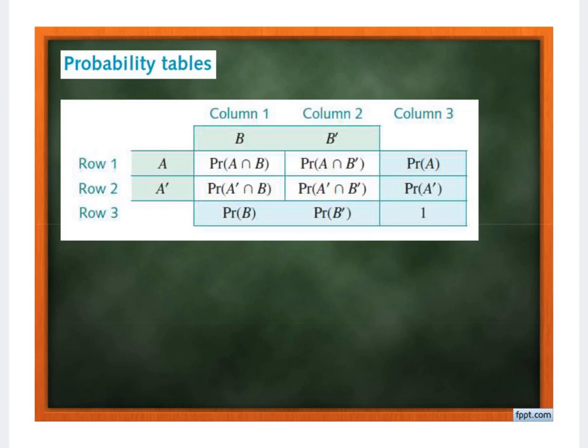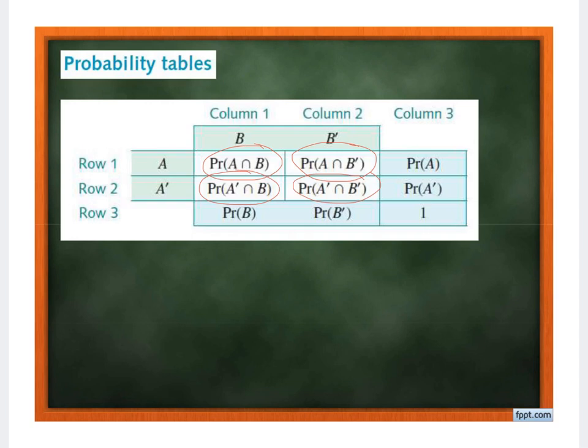Probability tables. It has row 1, row 2, and row 3, and then column 1, column 2, and column 3. Here this one is A intersect with B. This one is A intersect with B complement. Here, A complement intersect with B. Here is the probability of A complement intersect with B complement.